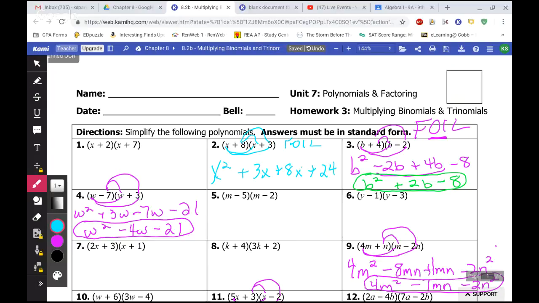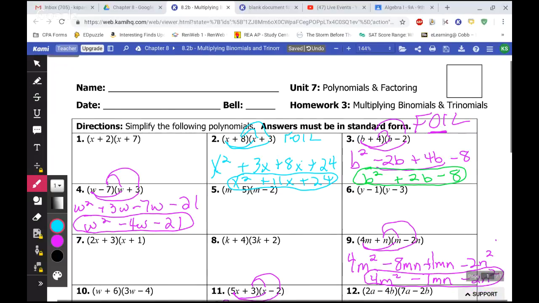So if you FOILed right, your multiplication step, which is your FOIL step, your middle two terms should be the only two terms that you can combine. So 3x plus 8x is 11x. So your final answer is x squared plus 11x plus 24. That answer your question?